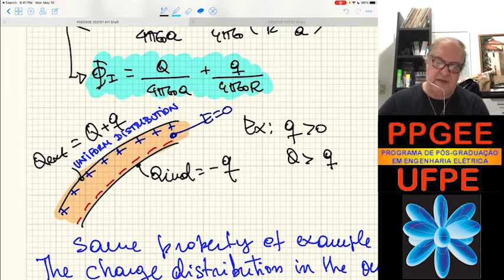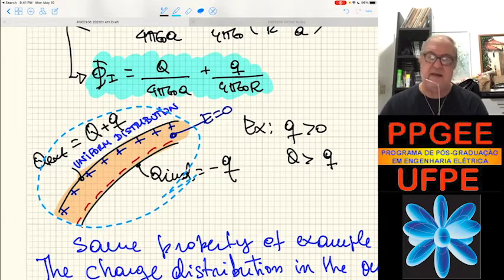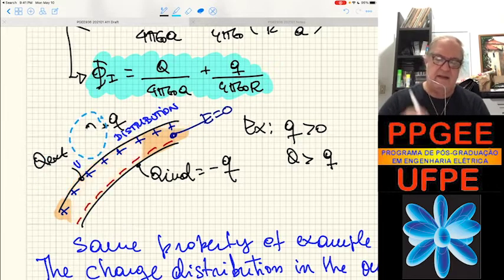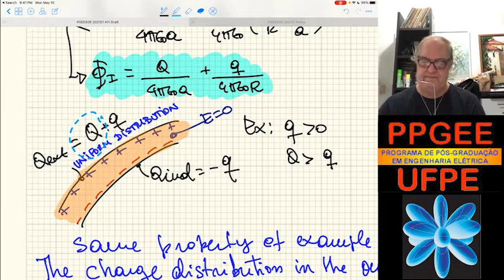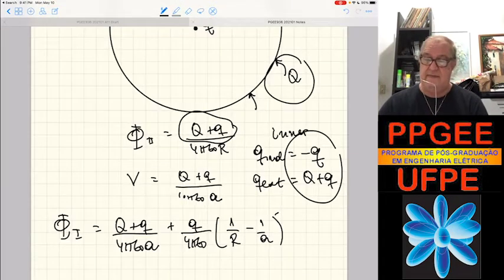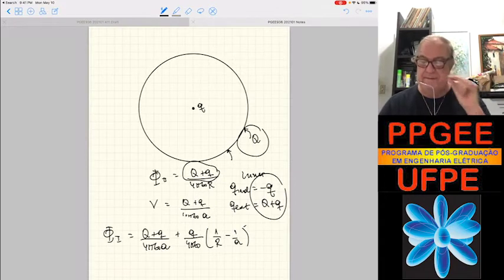And the total charge on the surface is going to be capital Q plus small q minus small q, which is going to give capital Q, right? Again, same thing. Nothing is going to happen if I move my charge.